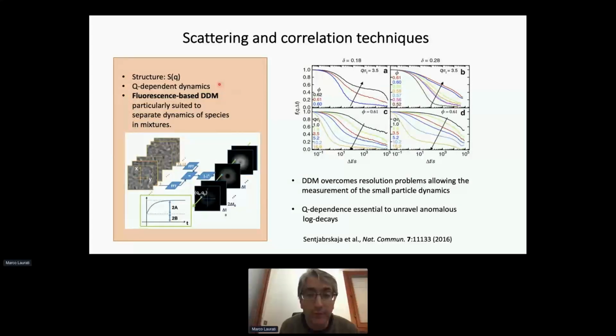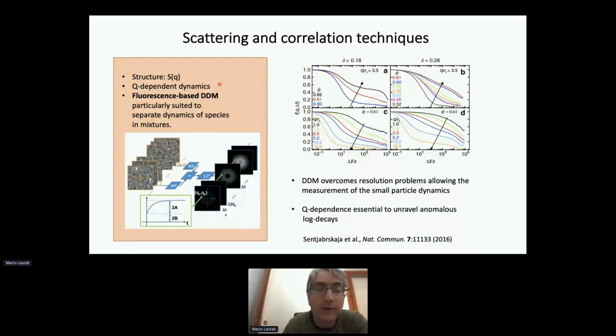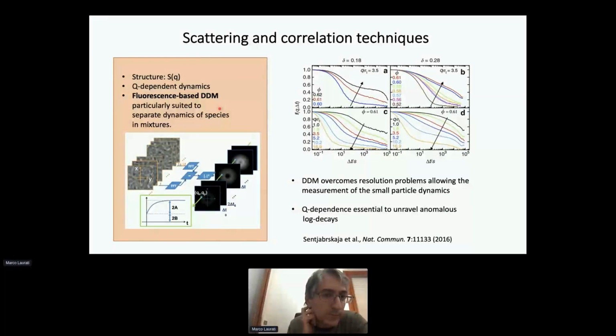However, it also has some limitations. For example, the resolution sometimes, especially for largely asymmetric mixtures, becomes a limiting factor in terms of both spatial resolution but also time resolution for the acquisition of the data. So it is very useful to also have measurements from scattering-like experiments, or dynamic scattering experiments, or correlation techniques.